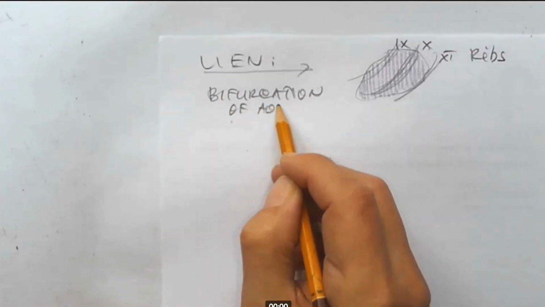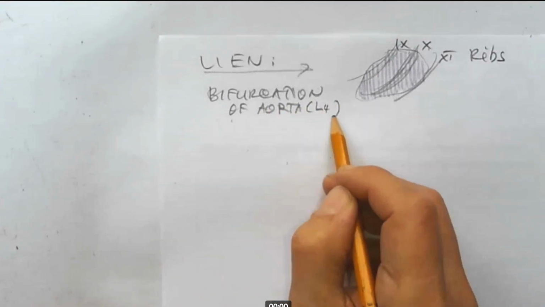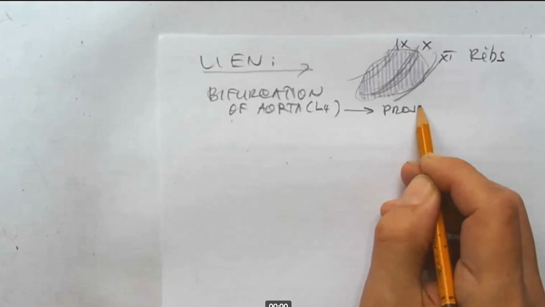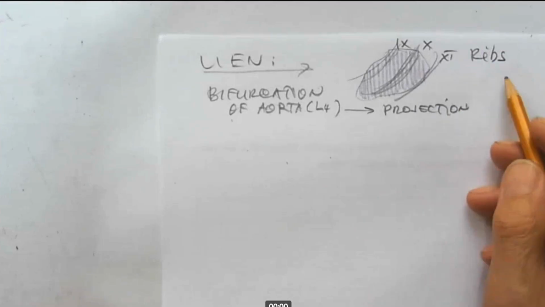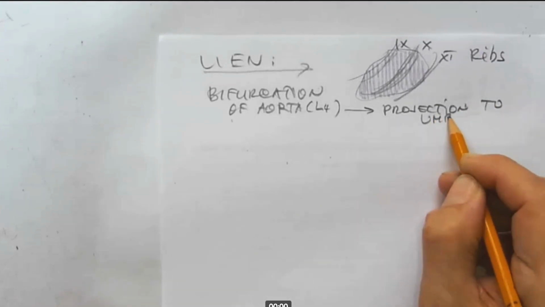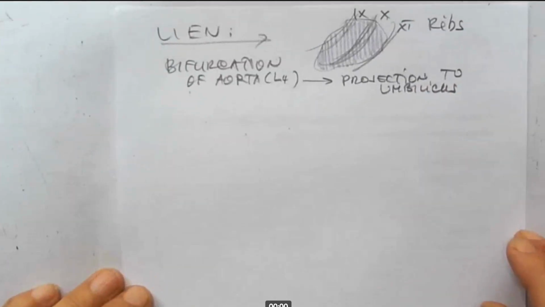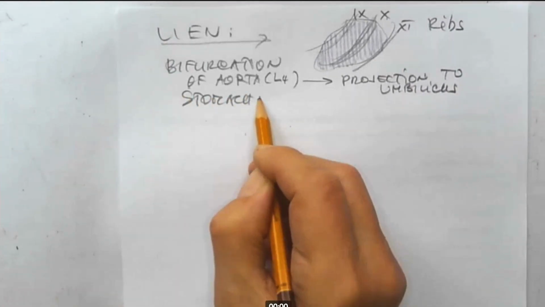Bifurcation of the aorta, which lies dorsally at the level of L4, is projected practically to the umbilicus, or the transumbilical line. Last one, the stomach, also important to know.